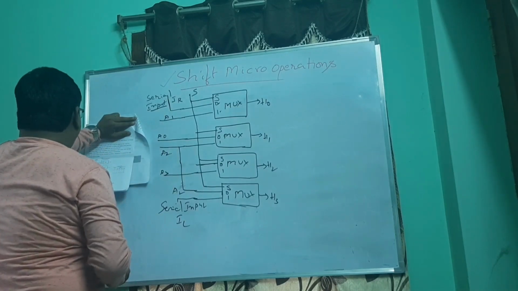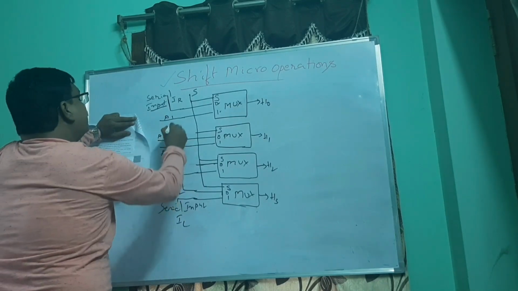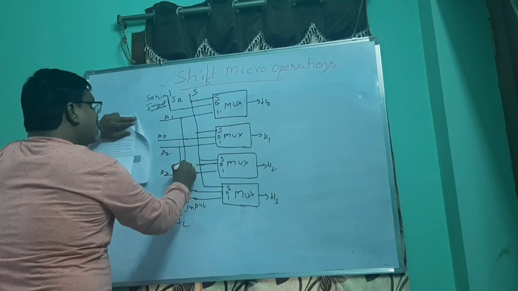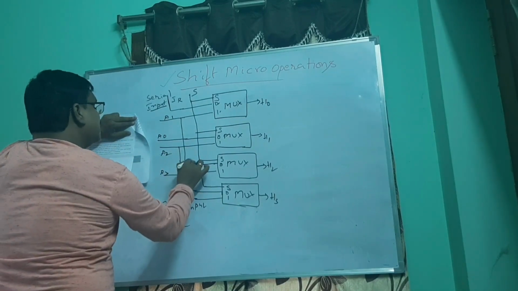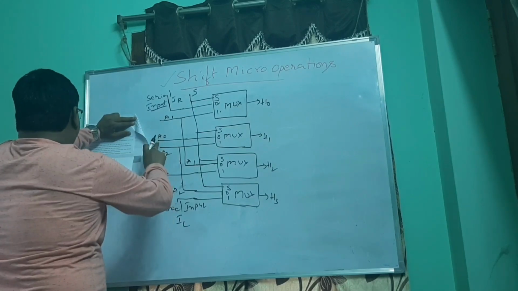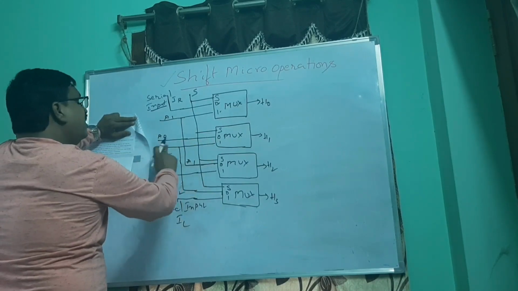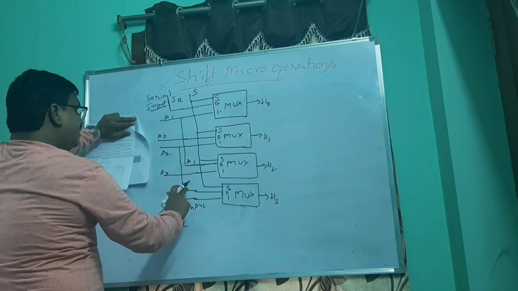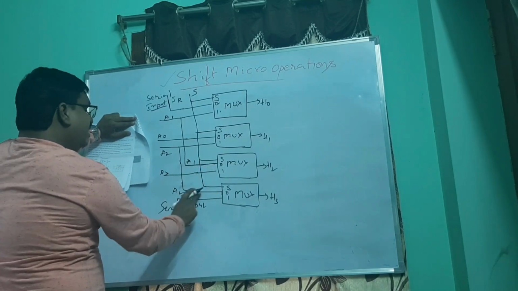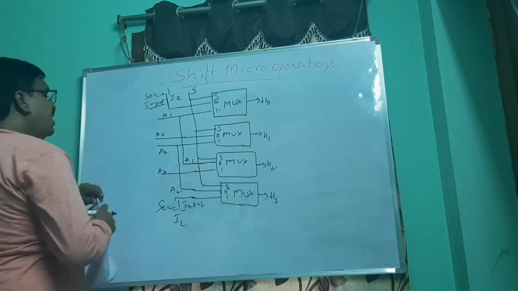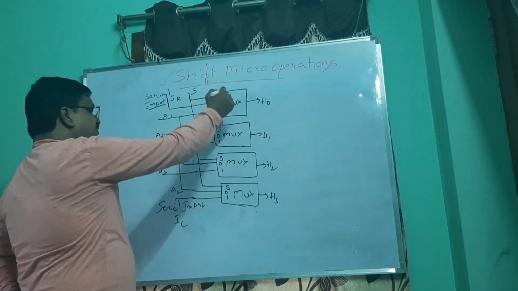A1 we give, and the same A1 we give to this. So this is A1, and here we have given A0, and we have given A2, and here we have given A3, and we have given A1, and here we have given A2. So like this.